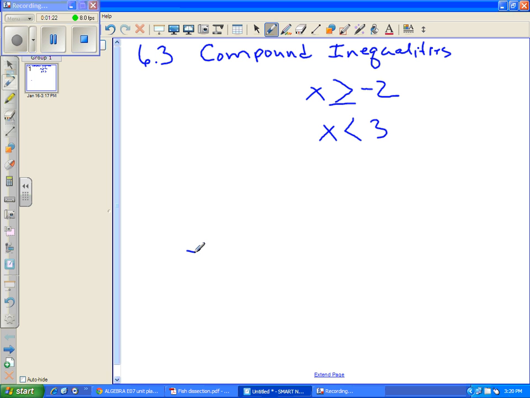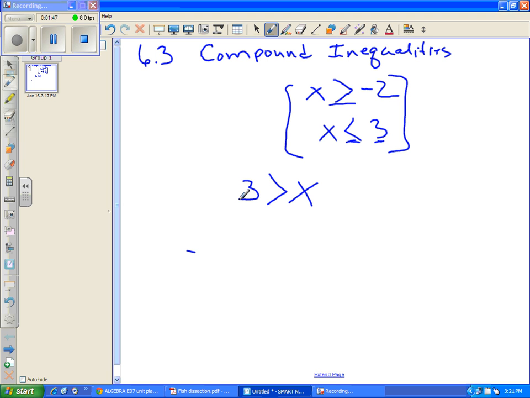I'm going to rearrange these numbers now into one sentence, where x stands in the middle, because this would mean and. So, reading from the 3, x is less than 3.